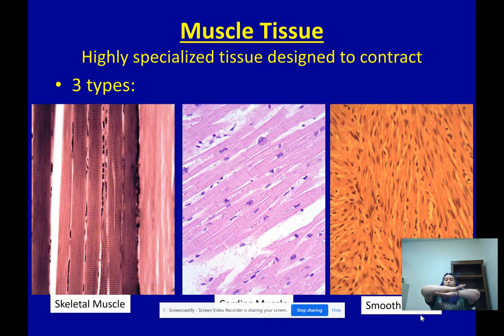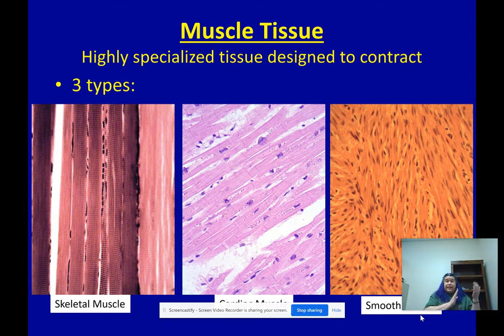When they let go, the muscle lengthens, so it relaxes. But this ability to do this crawling and causing the muscle to shorten and lengthen is really specific to muscle tissue. As a matter of fact, muscle tissue is the only tissue that moves in your body, like I mentioned before. So we've got three types of muscle tissue.